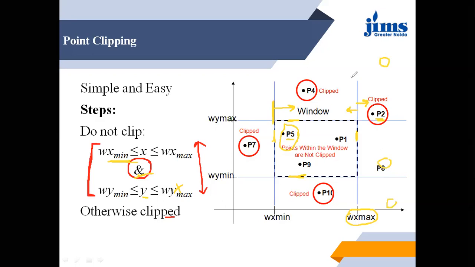But it is outside in the x coordinate, which means it is not fulfilling the first condition. Whether it fulfills the second or not does not depend on that, because in case of AND, both conditions should be satisfied. So this was about point clipping.